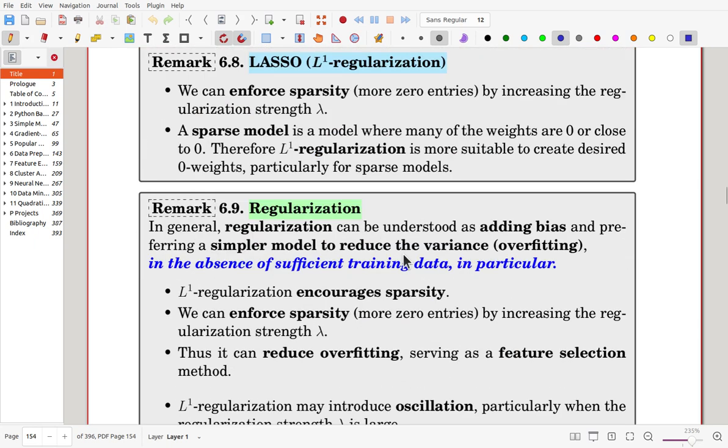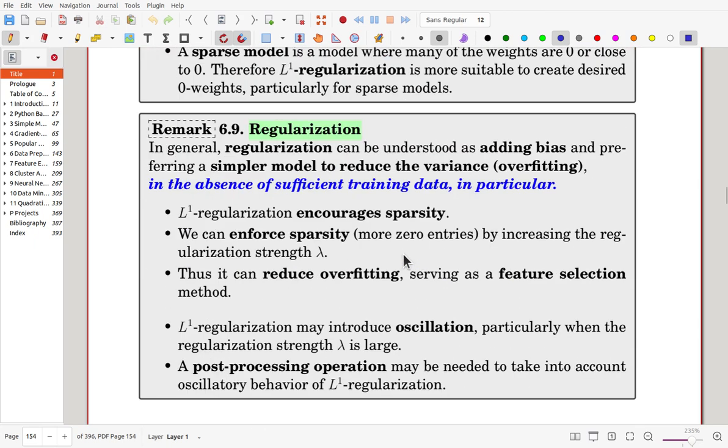Here we have another remark for the general regularization techniques. In general, regularization can be understood as adding bias and preferring a simpler model to reduce the variance and overfitting, particularly when the size of the training data set is small.